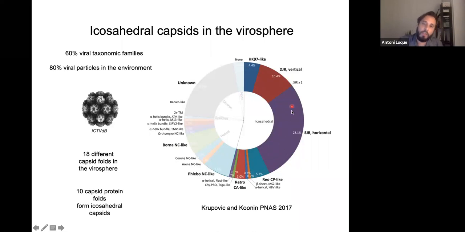Like we can see here, this one has a lot of viral families, but actually this one that we have here, the HK97 fold, is the most abundant in terms of number of particles on the planet.